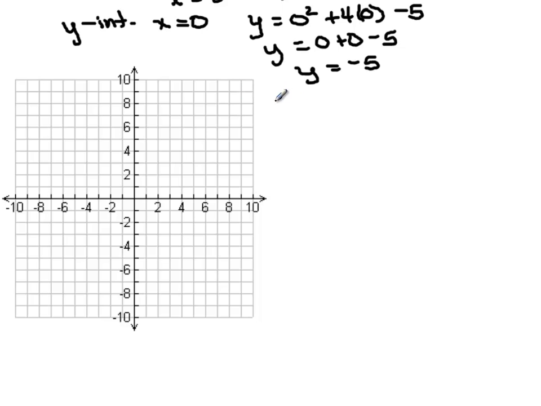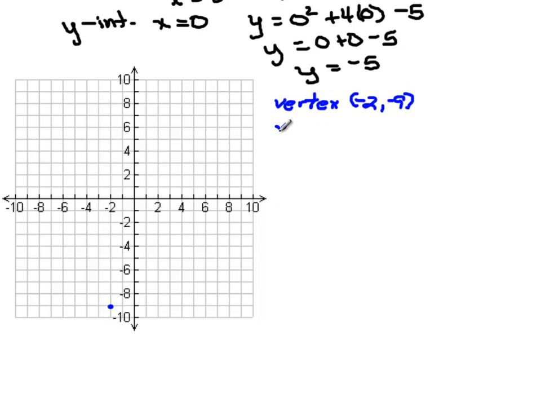The first one was the vertex, which was the point -2, -9. And we're just going to come over here, -2, -9, and draw a point.